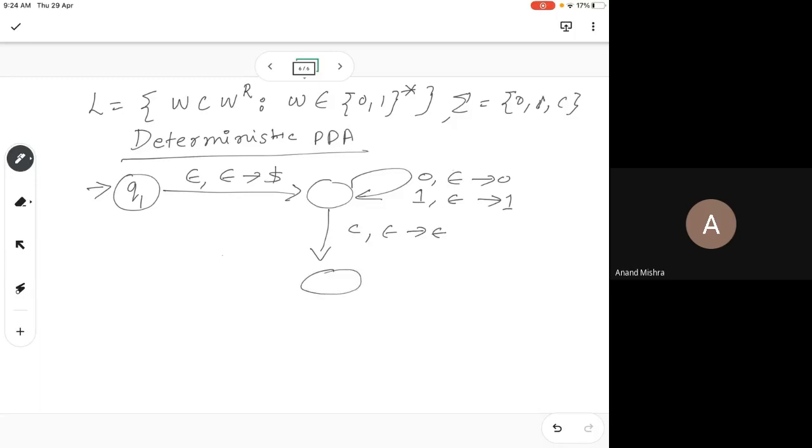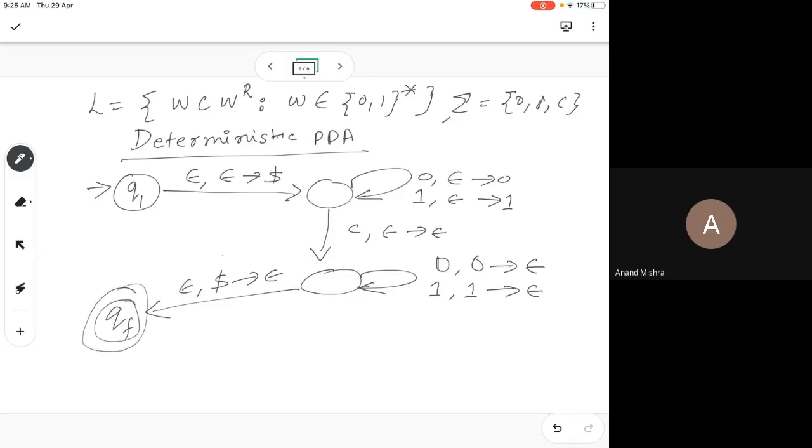Then whenever you read 0, you will erase 0. Whenever you read 1, you will erase 1. And whenever you read nothing, dollar, erase, and go to Q final.